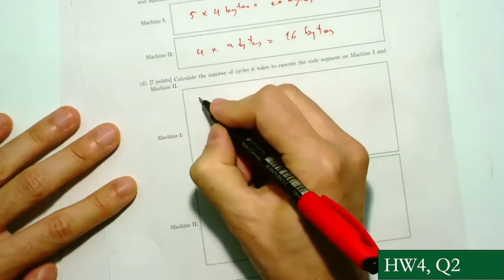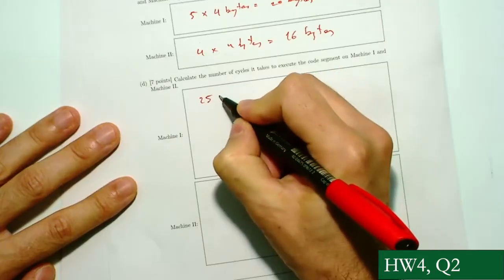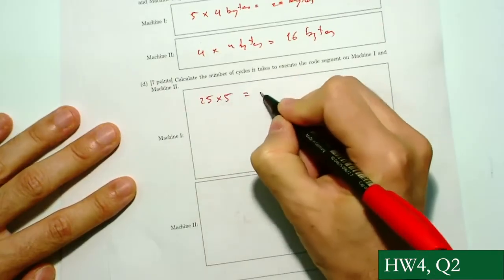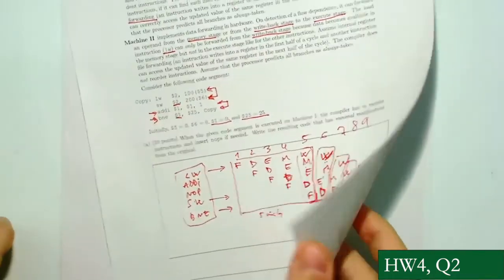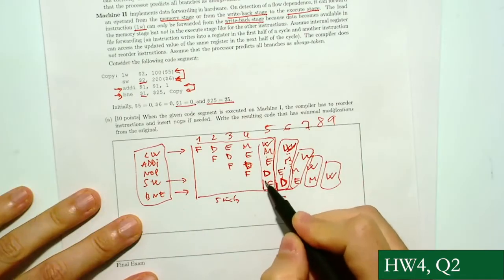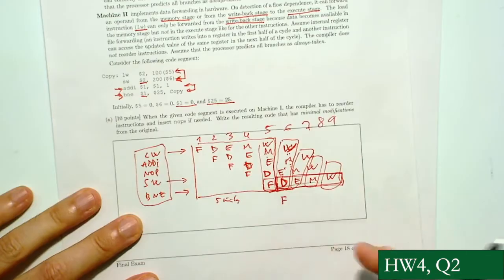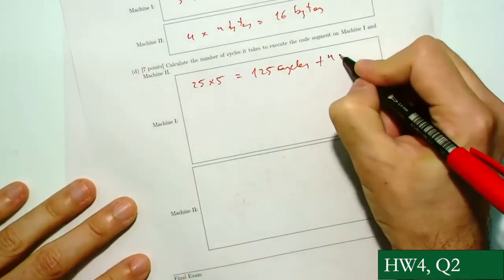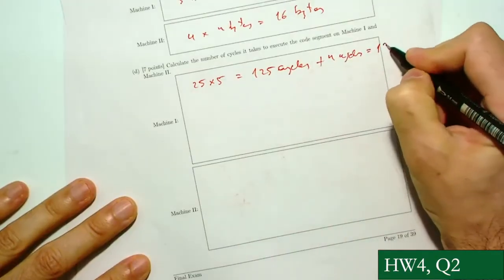As we have 25 loops, and we start 5 instructions per loop, we have 125 cycles. But in the last iteration, we have to finish. So imagine this is the last instruction. We have to execute the final pipeline stages, that are 4 additional cycles, plus 4 cycles. Yeah, 129.